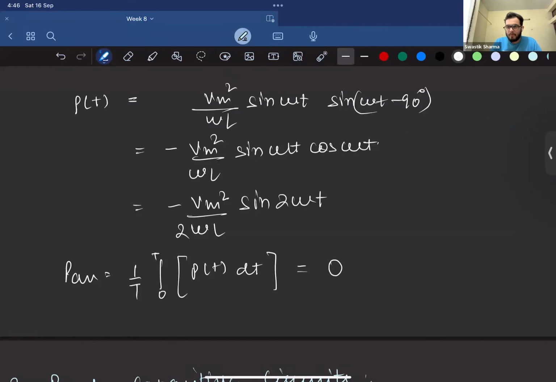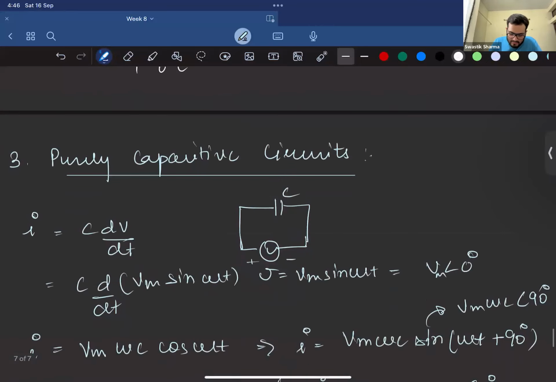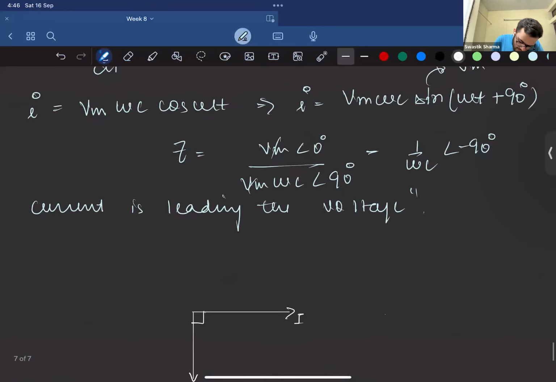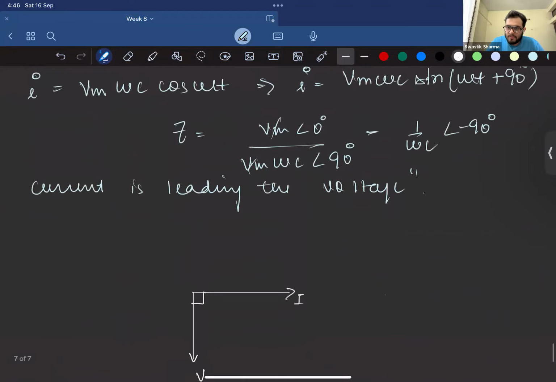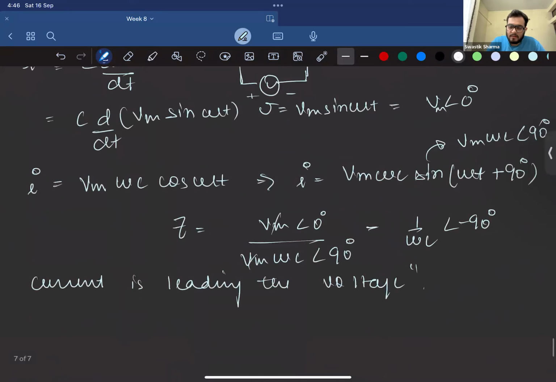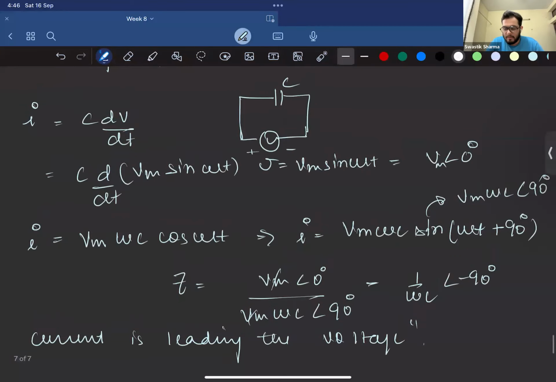Hence, the average power would be 0. In a similar fashion, if you calculate the average power for a capacitive circuit, it's going to be zero again, because it stores power and delivers it. It doesn't dissipate it. So average power is always zero for a purely inductive and a purely capacitive circuit.